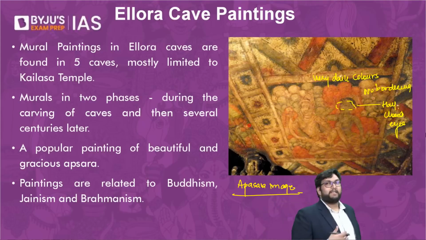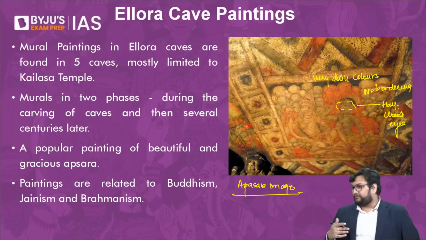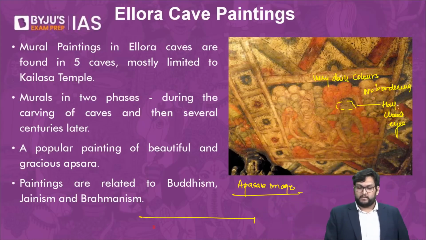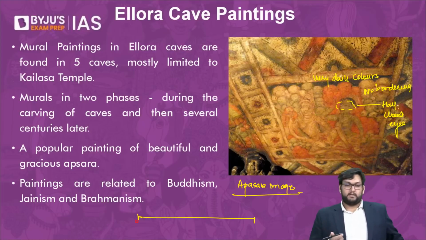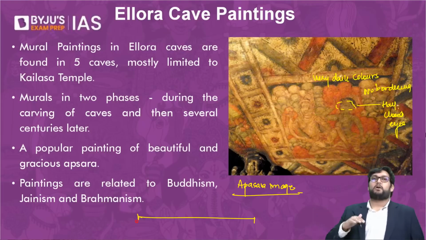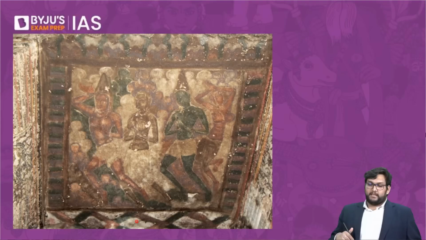And in a way, what we are able to see is that there's a pattern, there's a tradition. And this tradition does not stop here. If I go to another image of Ellora, again you can see the distinct color brown being used properly.